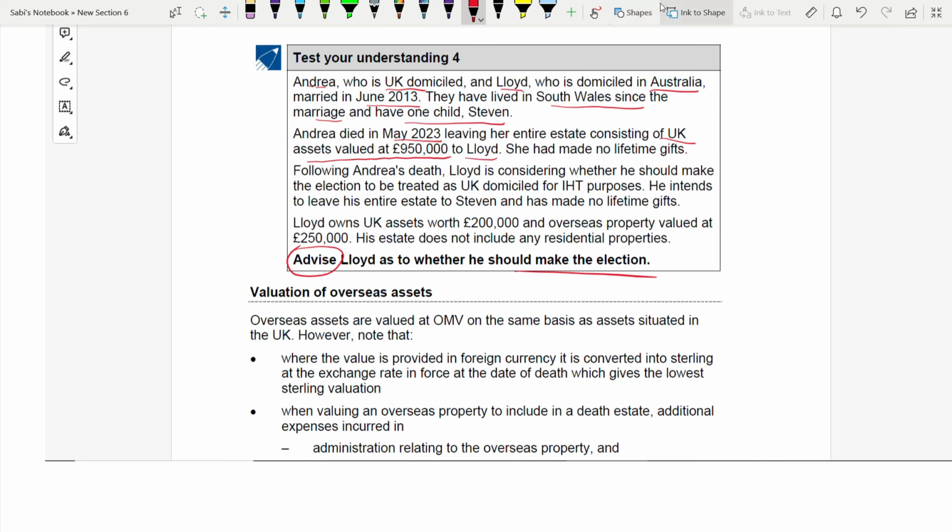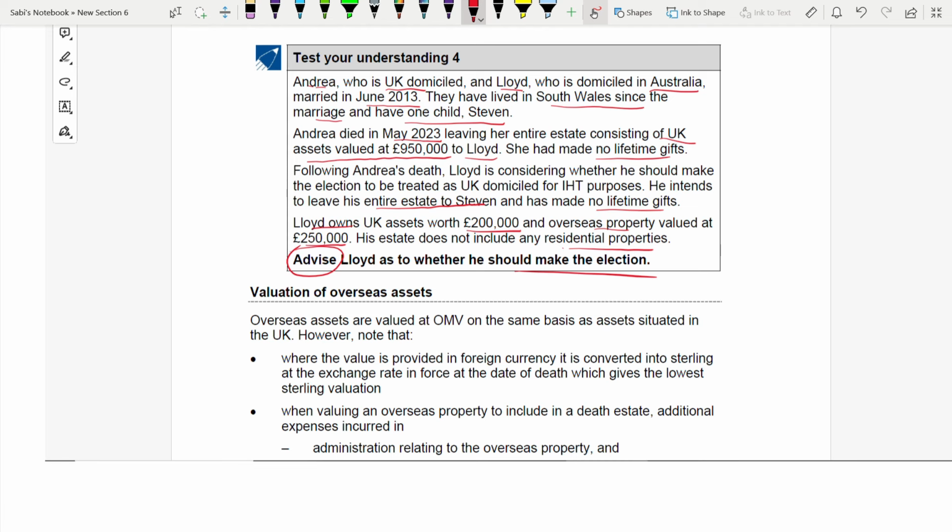She had made no lifetime gifts. Following Andrea's death, Lloyd is considering whether he should make the election to be treated as UK domicile for IHT purposes. He intends to leave his entire estate to Stephen and made no lifetime gifts. He owns UK assets worth 200,000 and overseas property at 250,000. His estate does not include any residential property. That means no residential nil rate band.